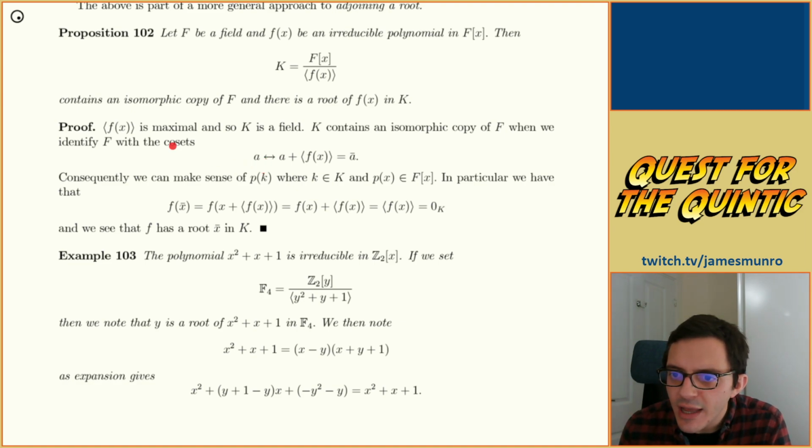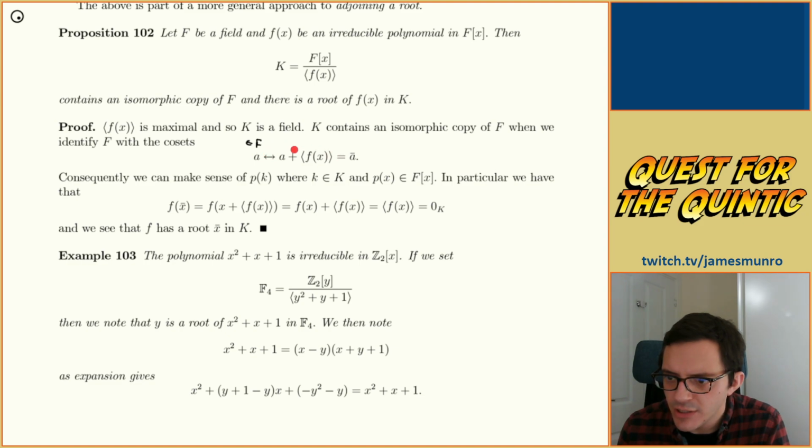Yeah, identify F with the cosets. So this is an element of F, and then this is a coset, a bar. Right. Oh, okay. Hang on. No. Why does this work?